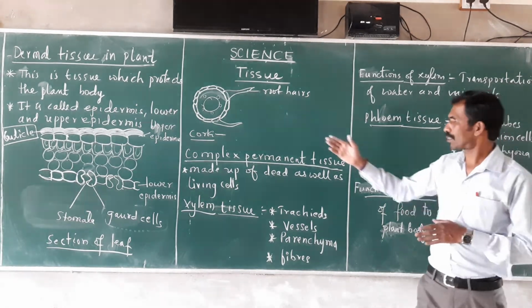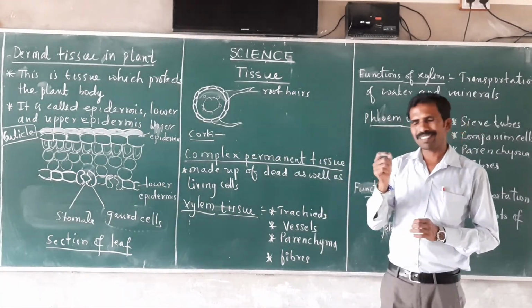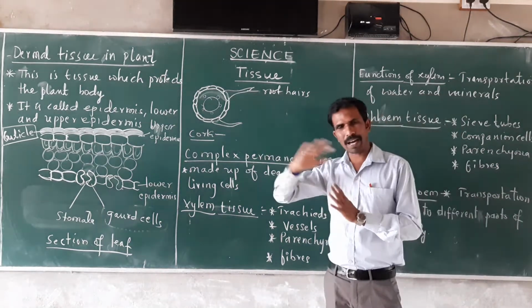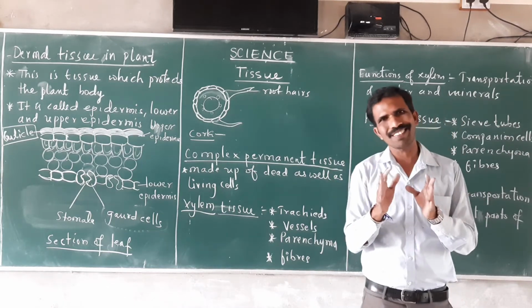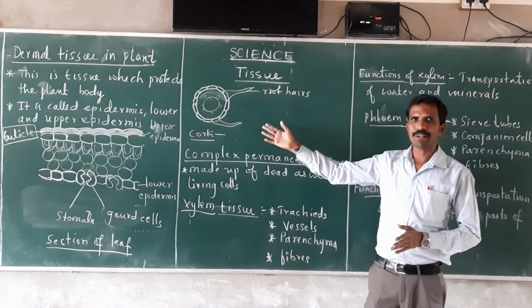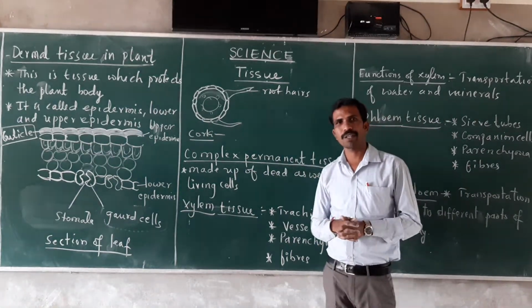Why? Because of this cork, which contains suberin. Suberin is a chemical present in the outer bark of the plant body, which is impervious to all liquids. So that is one of the advantages of the epidermal tissue or dermal tissue in plants.